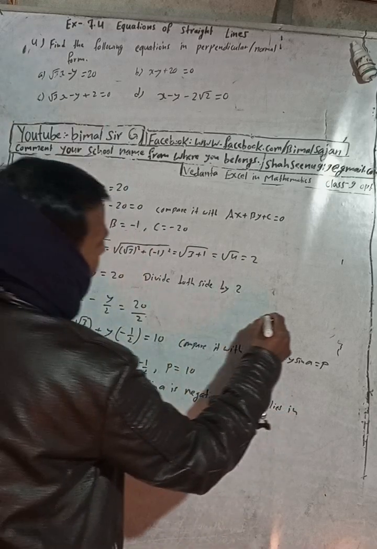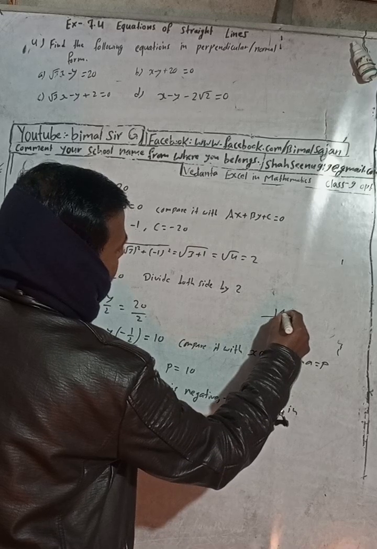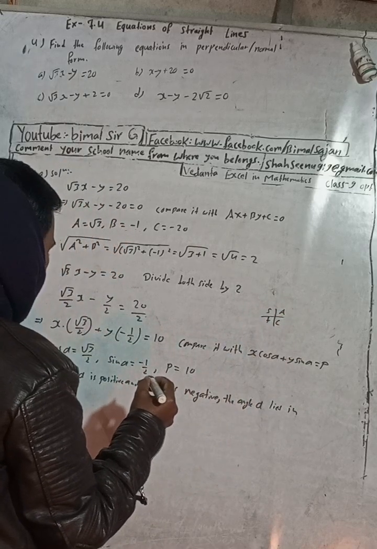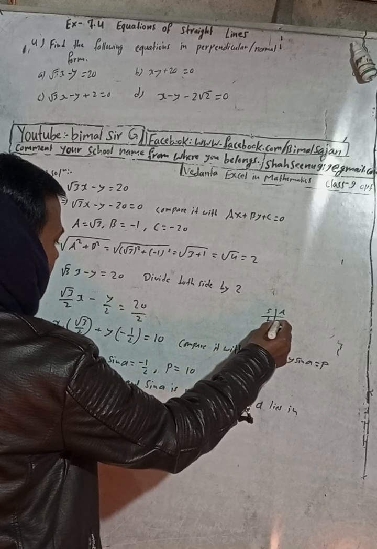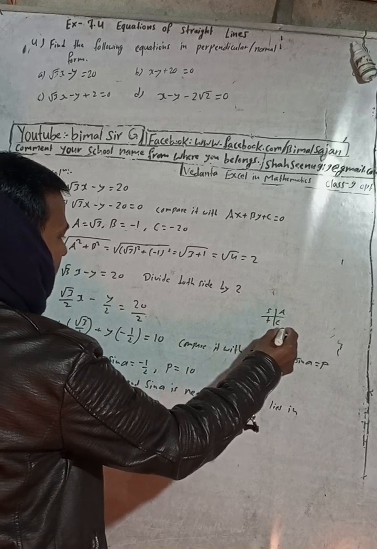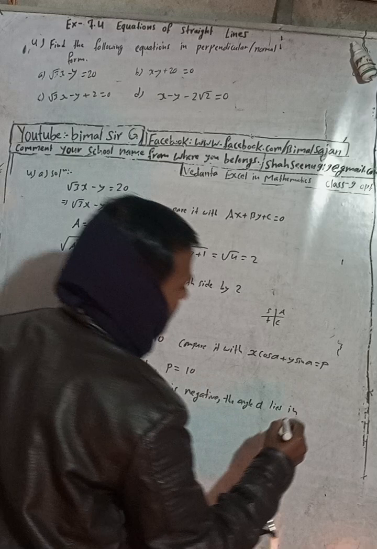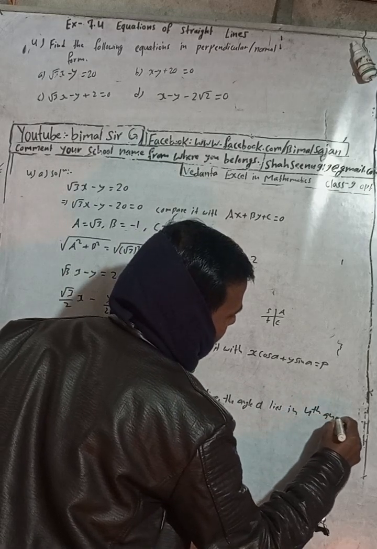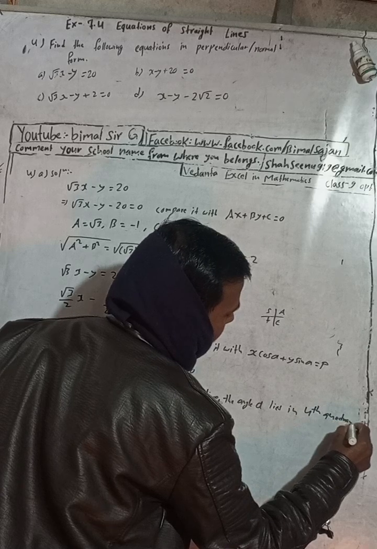See there, use the CAST tool. The CAST tool tells that cos alpha is positive in the fourth quadrant, and in the fourth quadrant sin alpha is negative. So we have to take the value in the fourth quadrant. Alpha lies in the fourth quadrant.